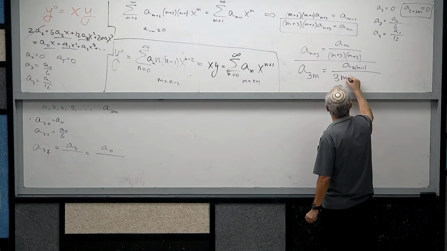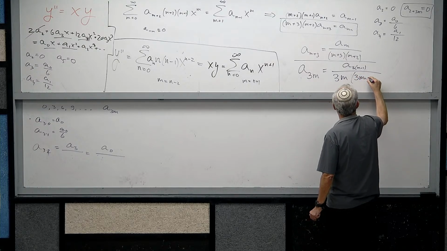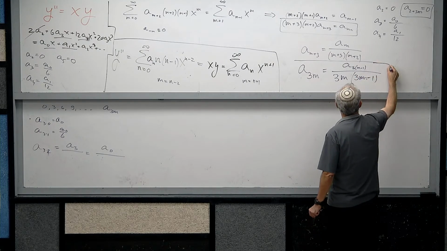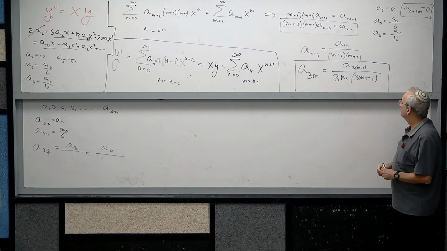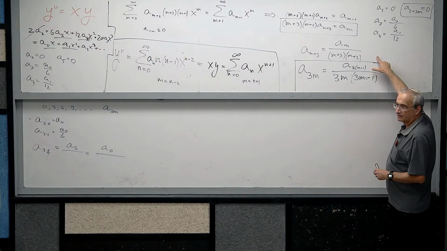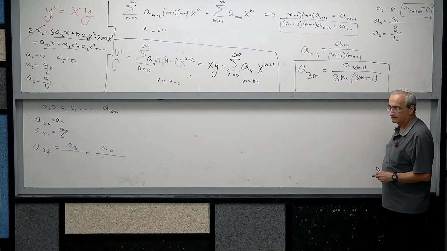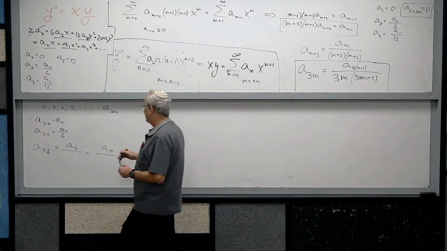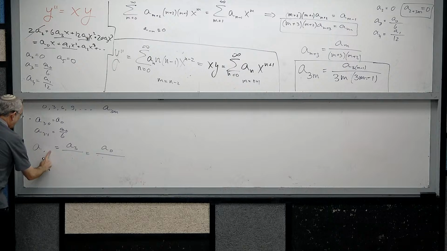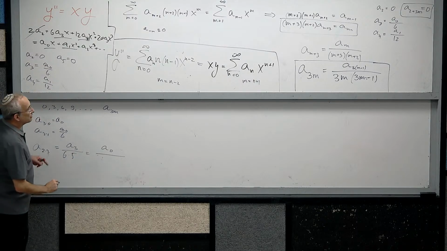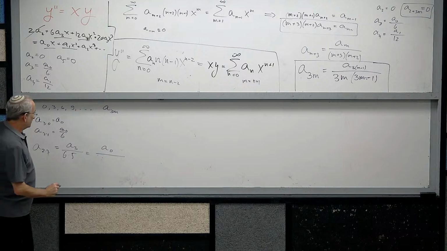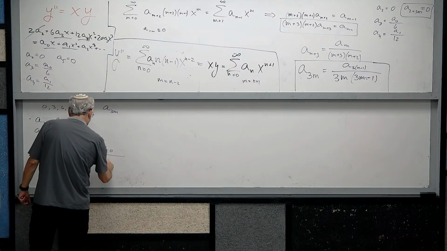Divided by 3m times 3m minus 1. Why did you change the recursion relation? No, it's the same recursion relation. Yeah, but why did you switch the index? Because this is more convenient. Right? So now you can say that a 2 times 3, so m is 2, is a3 divided by 6 times 5, which is a0 divided by 6 times 5 times 3 times 2.